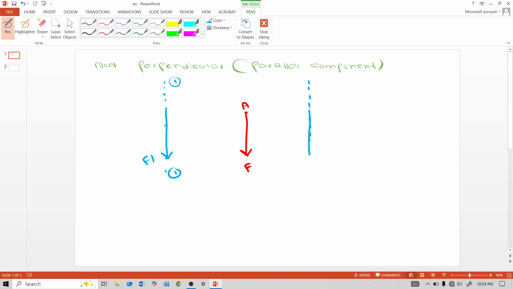So F1 and F2 are the resolved forces of that force F.